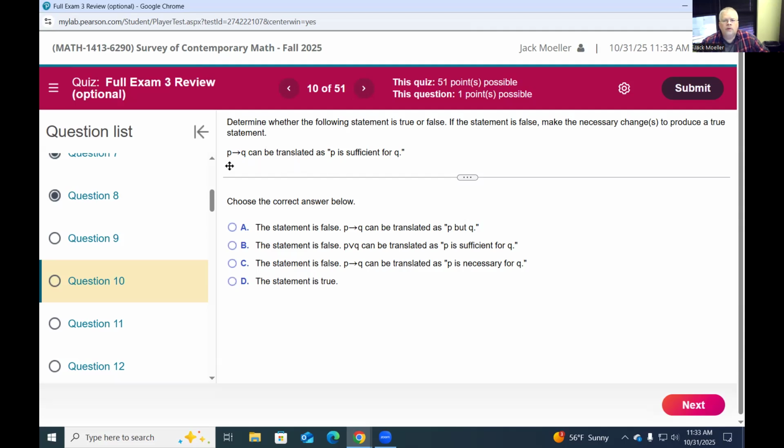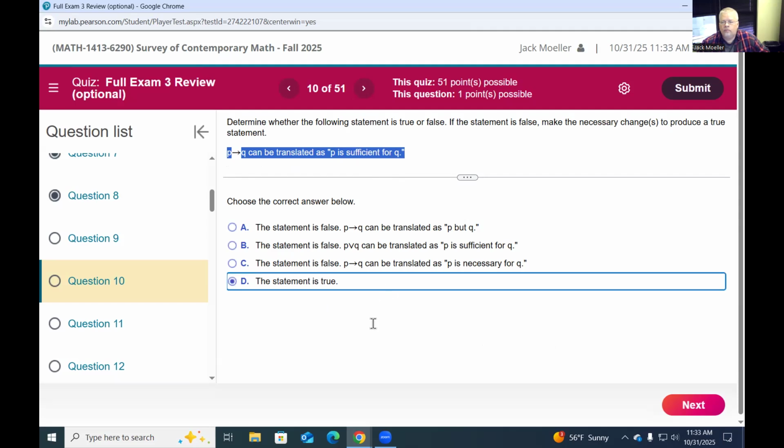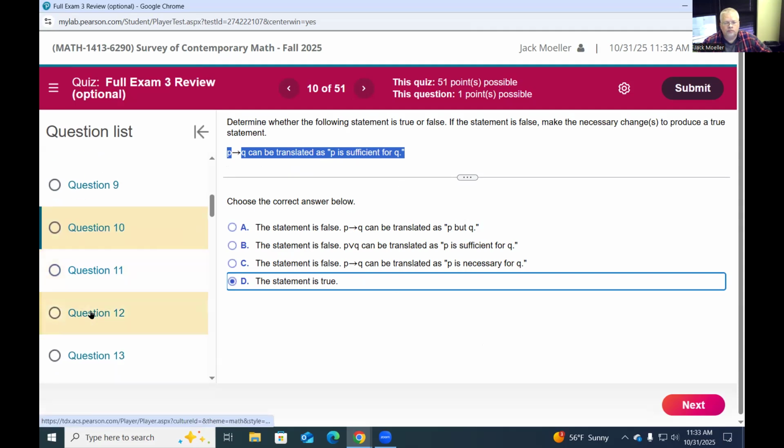So if you are taking this class, that is sufficient for me to know that you're a Carl Albert student. So this right here is the basic definition for sufficient for. That would be true. Even though I'm not going to ask you too many specific definitions, you still need to know your definitions to answer these types of questions.